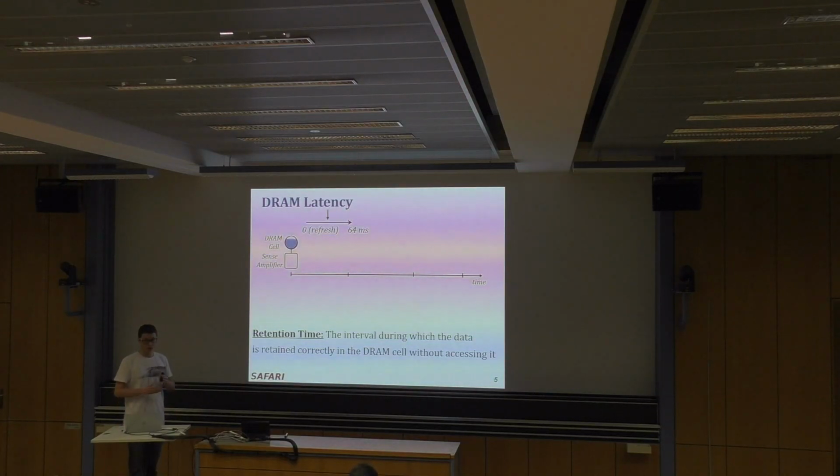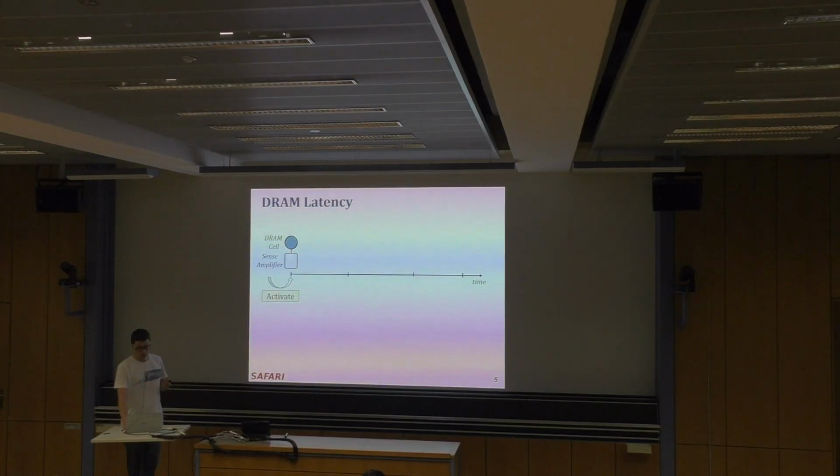In reality, each individual cell can potentially retain data for much longer than 64 milliseconds, but the worst case should be 64 according to the spec, and devices that do not comply with this requirement shouldn't be on the market, at least not sold according to that specification. Okay, so this is the retention time problem.